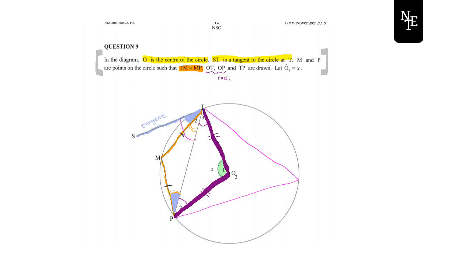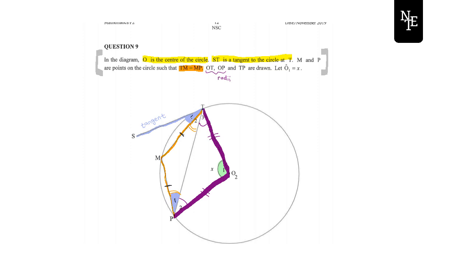But chances are we won't have to go to that length, because this is a final paper, and they usually don't put anything that requires constructions in our final papers. So the only thing we have to worry about is that T1 is equal to angle P1.